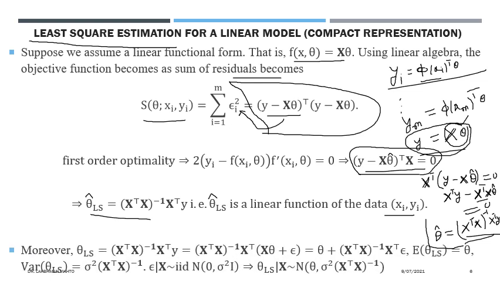Moreover, if you try to look at this least square estimator, you can further take a standard form of it. You can relate it with the actual value of theta. How can you relate it? By solving this normal equation analytically, we are getting this solution. But what is y?